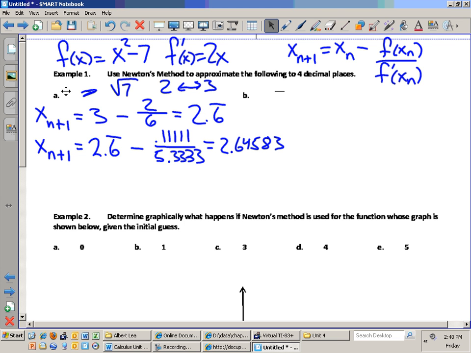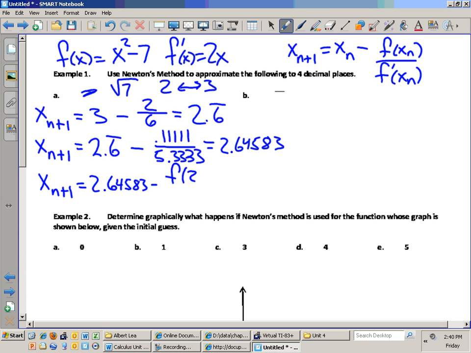If you wanted to find a better one, you would then say my new guess is equal to 2.64583 minus the function evaluated at 2.64583 divided by the derivative evaluated at 2.64583.